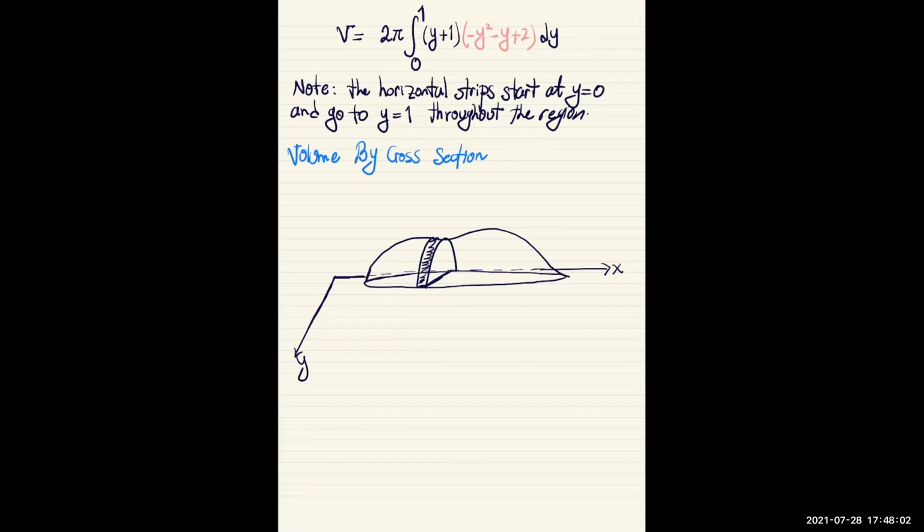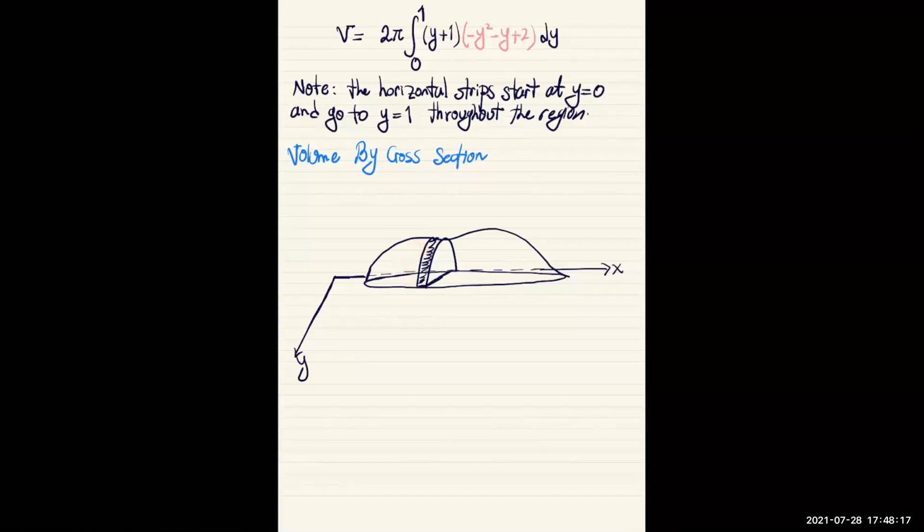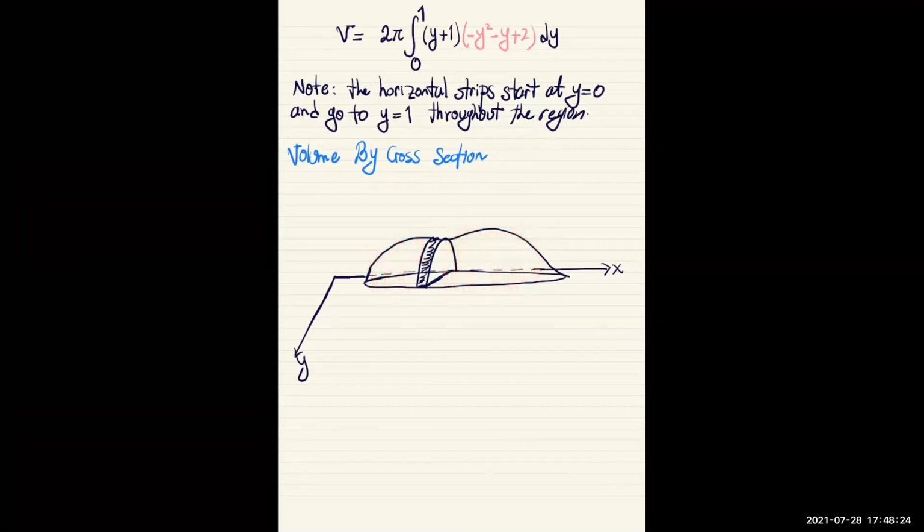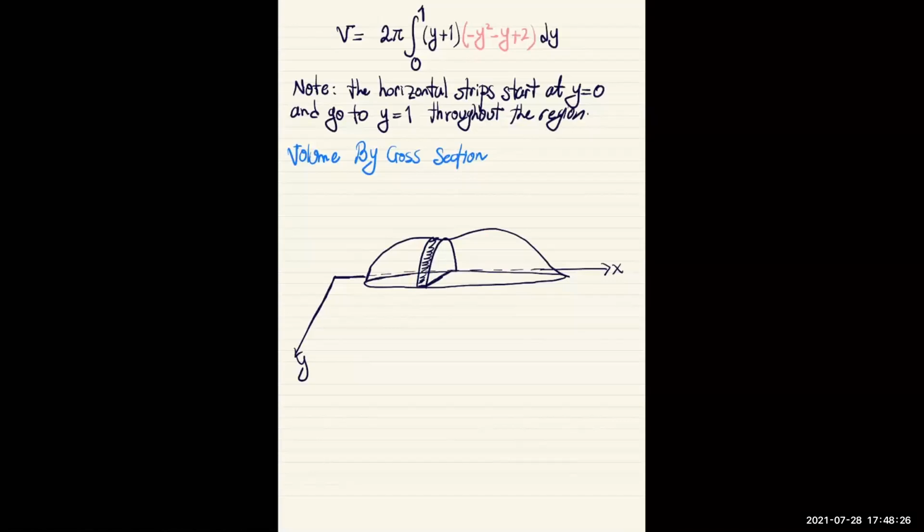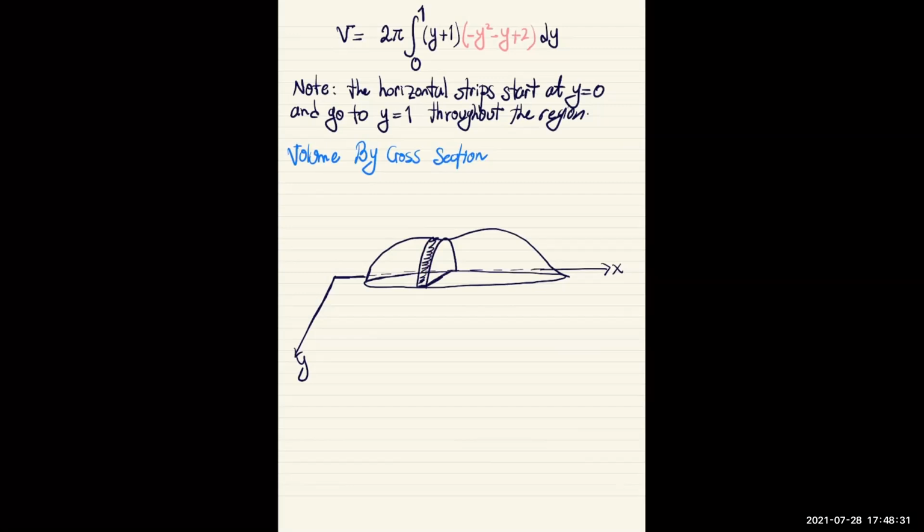You cut out each piece and find the volume of each of those pieces. You have all these pieces stacked up, right? You could cut the solid into many pieces, find the volume of each piece, and add them up, doing a Riemann sum or integral. That gives you the total volume of this thing.